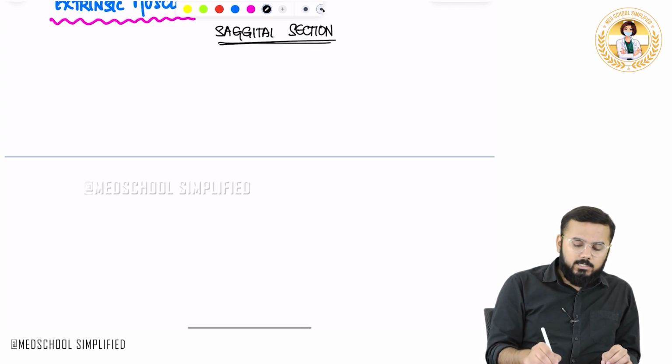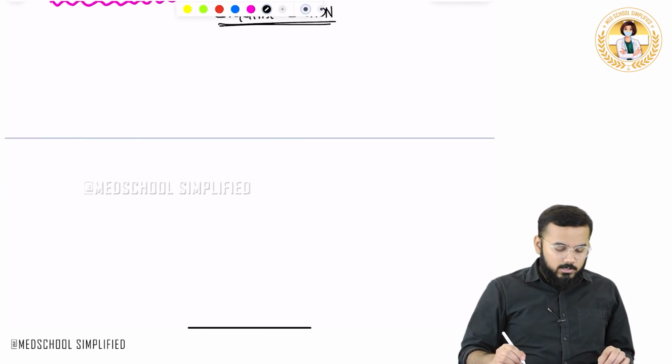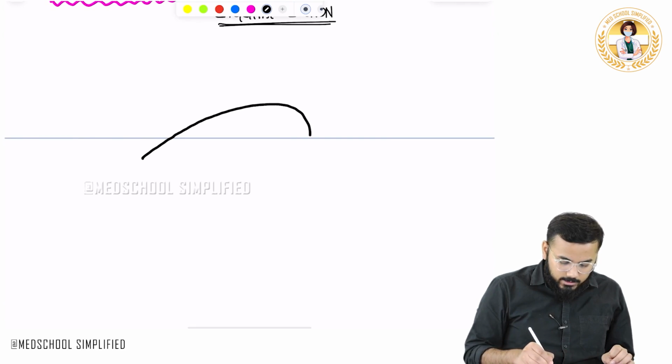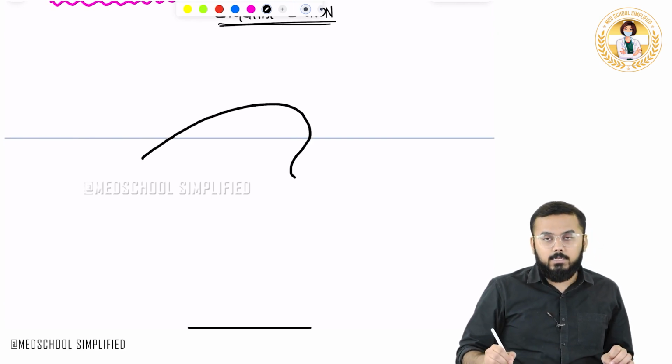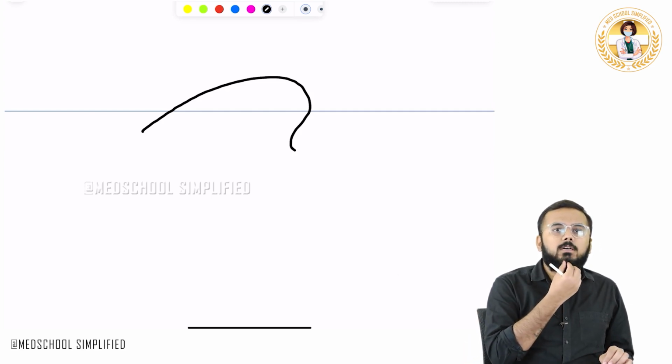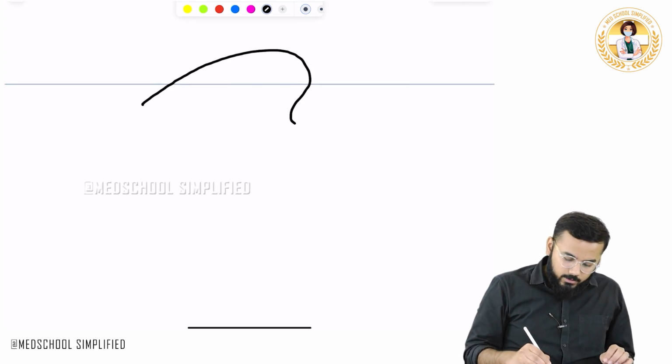In the sagittal section, if I had to look at those muscles, what is the first thing I will see? Let us say I would see the tongue like this. This is the tongue, right? And the second important thing is that I would also see the mandible over here, and this is your teeth, right?